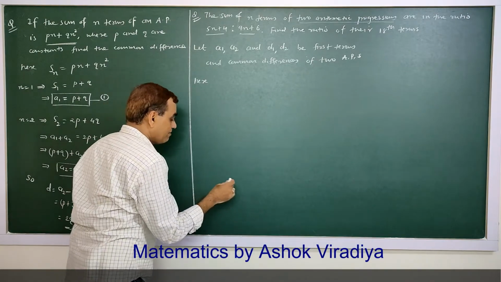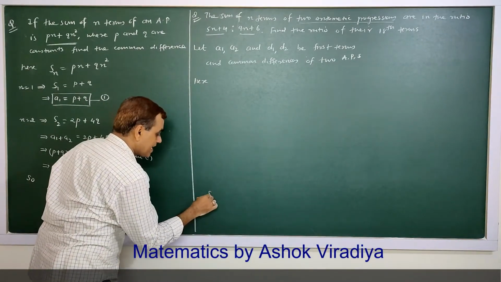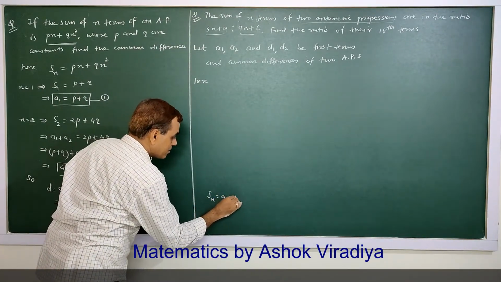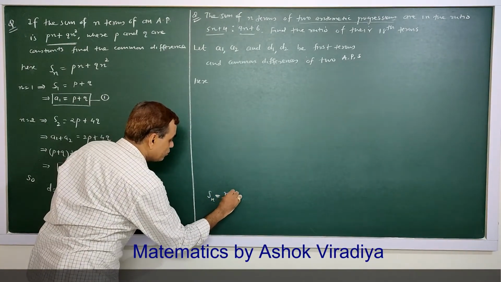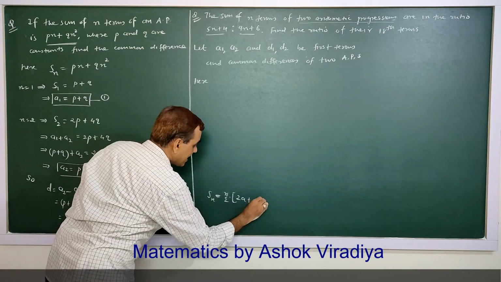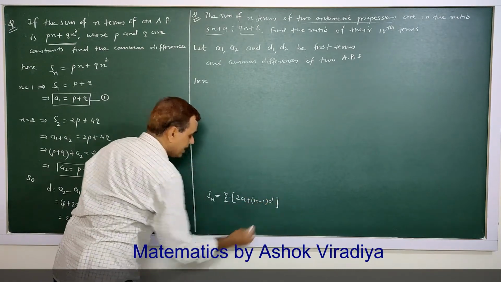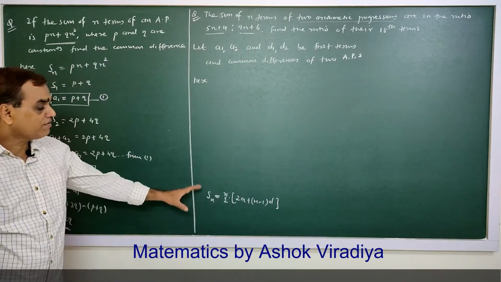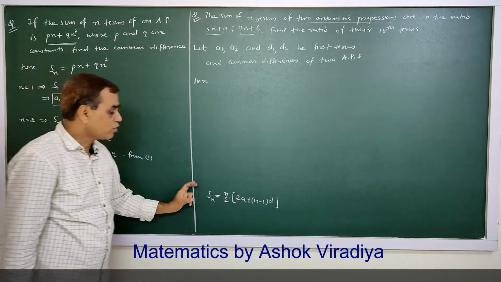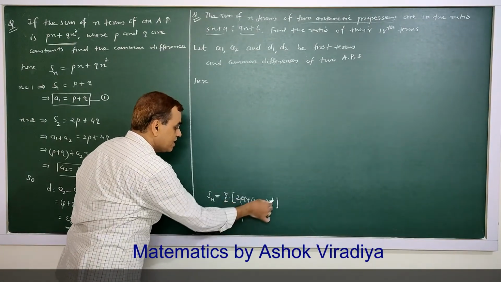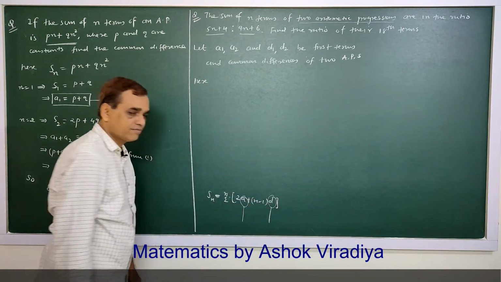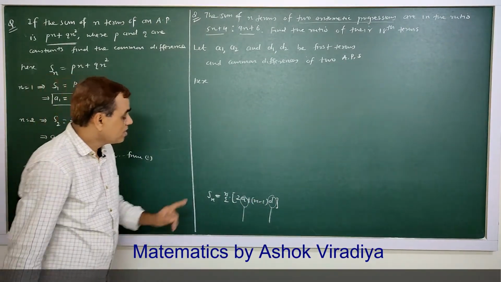Now see, formula for sum of first n terms is Sn is n by 2, 2a plus n minus 1 into d. This is formula for sum of first n terms of AP. A is first term, D is difference. Now what I do?